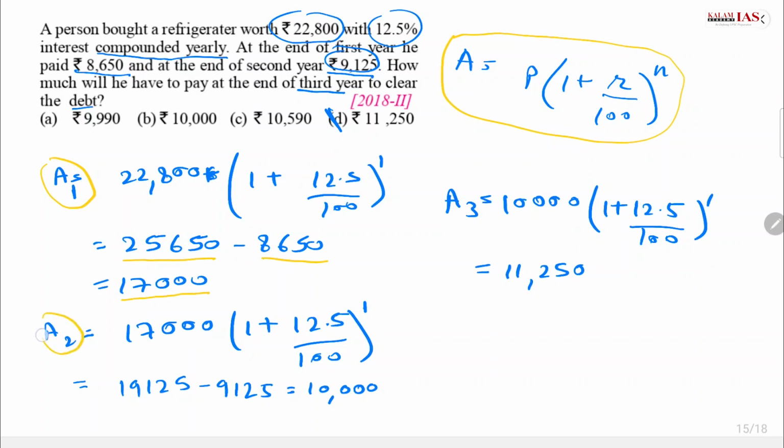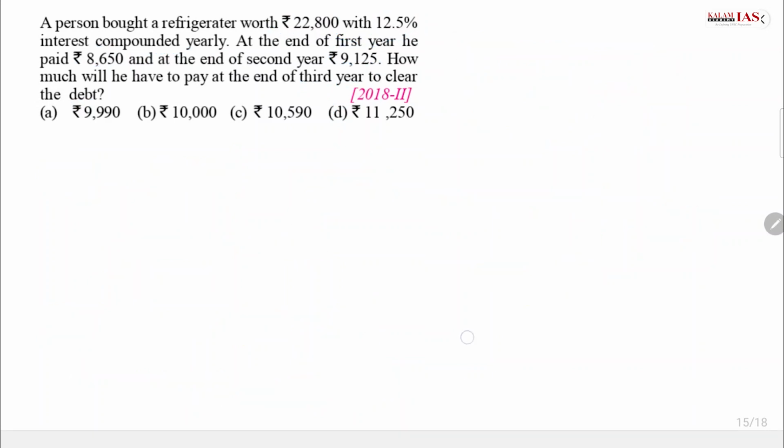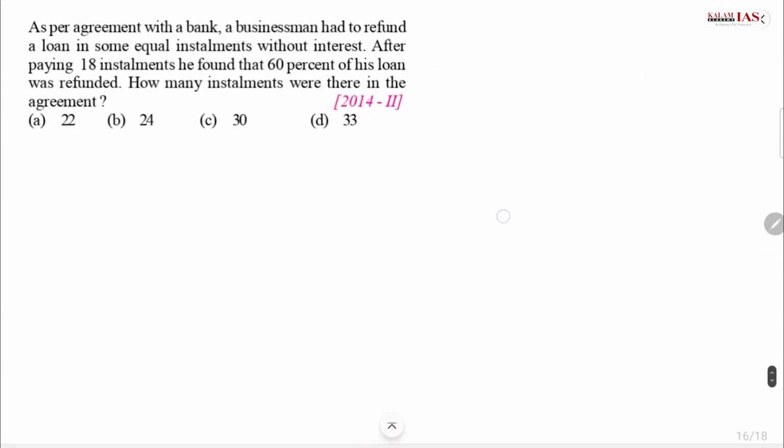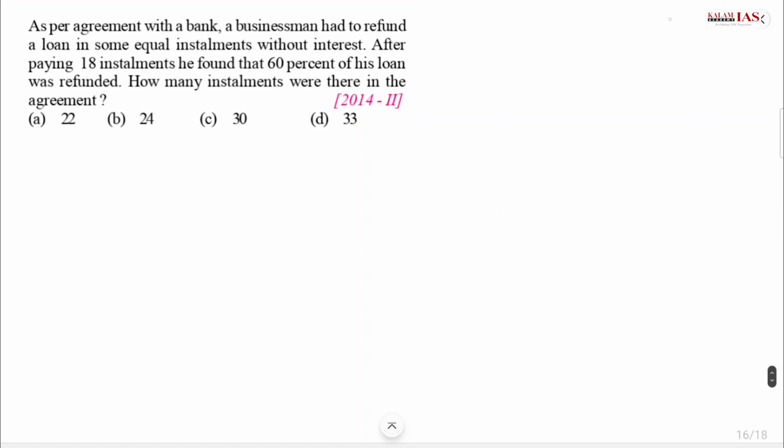For the second year, the amount he has to pay is 19,125, but he paid only 9,125. So the amount left is 10,000. This 10,000 will be compounded for the next year, which comes out to be 11,250. Moving on to the next question. You have 1 minute, please attempt it and then we will solve.